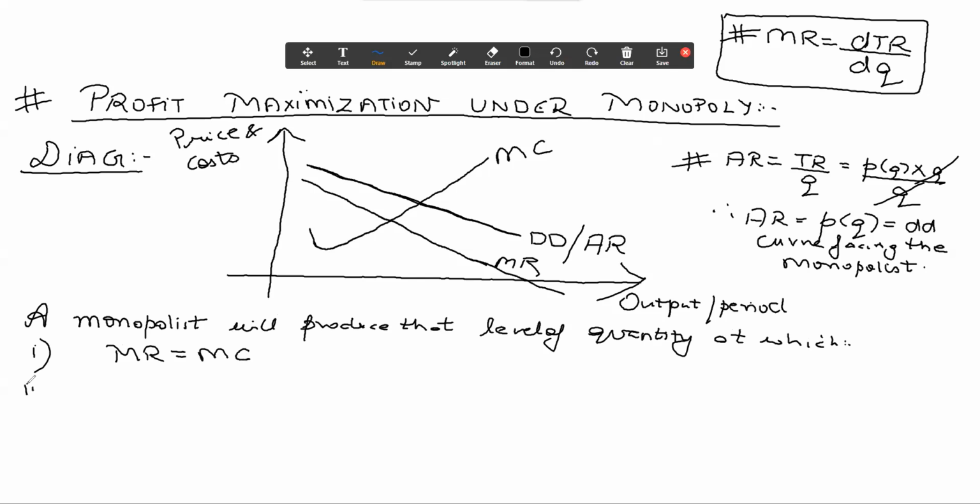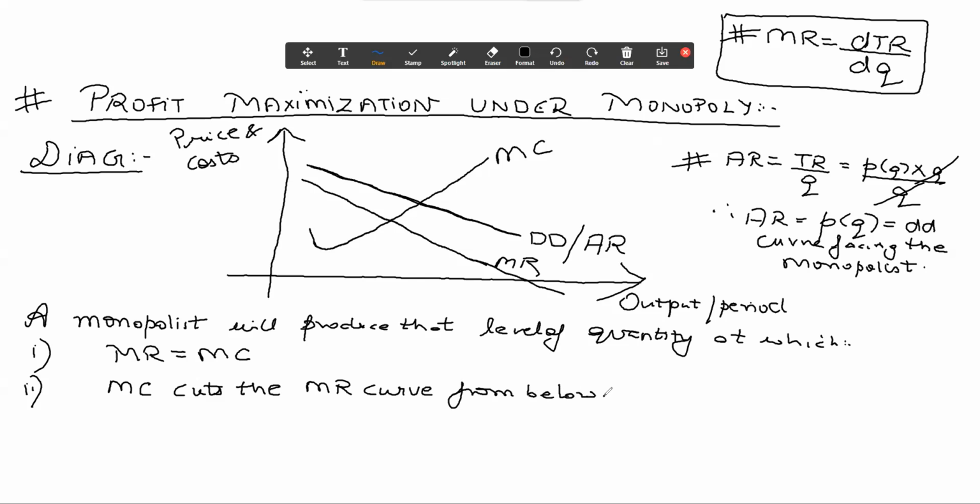Point number 2, MC cuts the MR curve from below. MC cuts the MR curve from below. So these were the two conditions for the profit maximizing level of the monopolist.